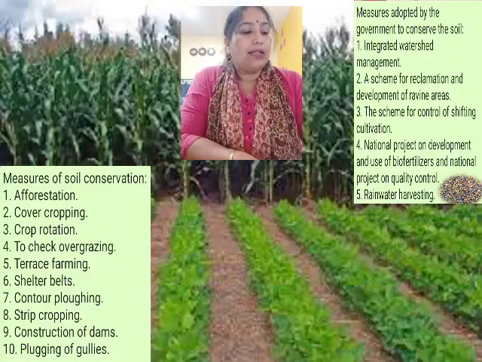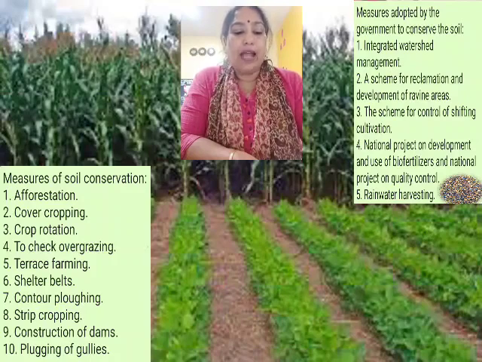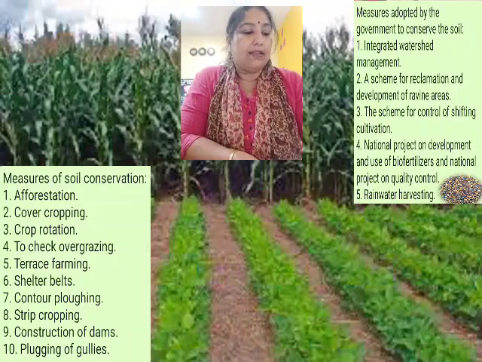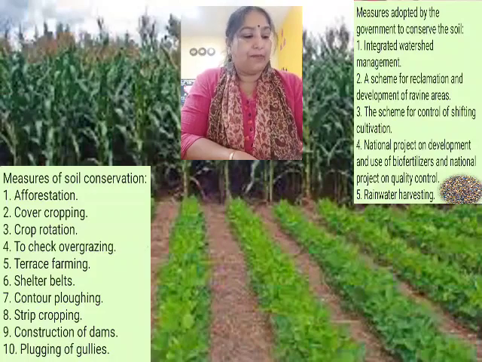Now, under this heading, the scheme for control of shifting cultivation, you can write in Manipur, Meghalaya, Mizoram and Nagaland, even Tripura. The integrated program helps the family practice settled agriculture in place of shifting cultivation.